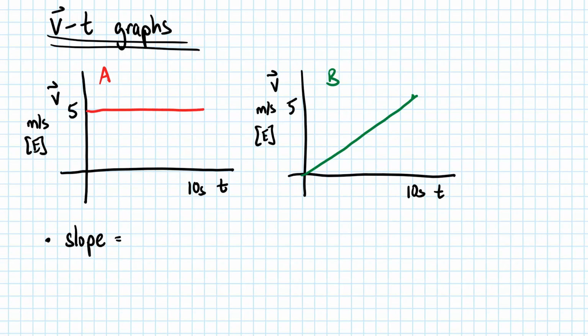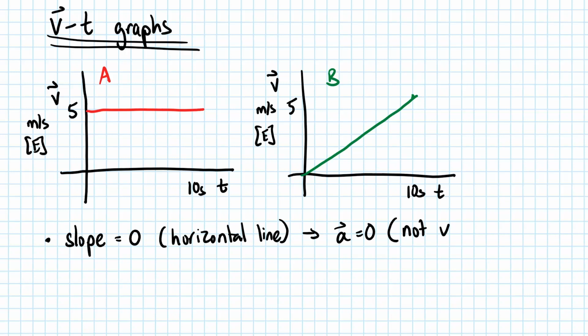So if your slope is 0 in a velocity time graph, meaning your line is horizontal, then that means your acceleration equals 0, not that your velocity equals 0. Okay, that can be confusing.